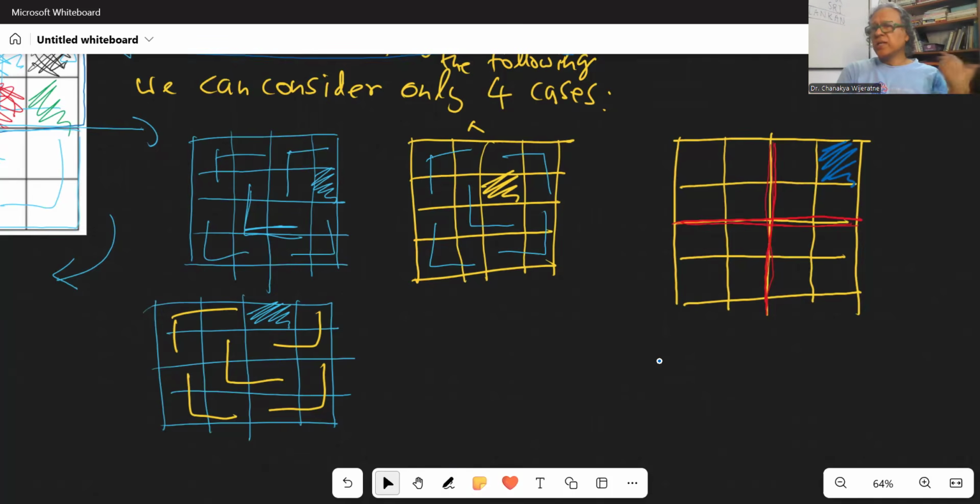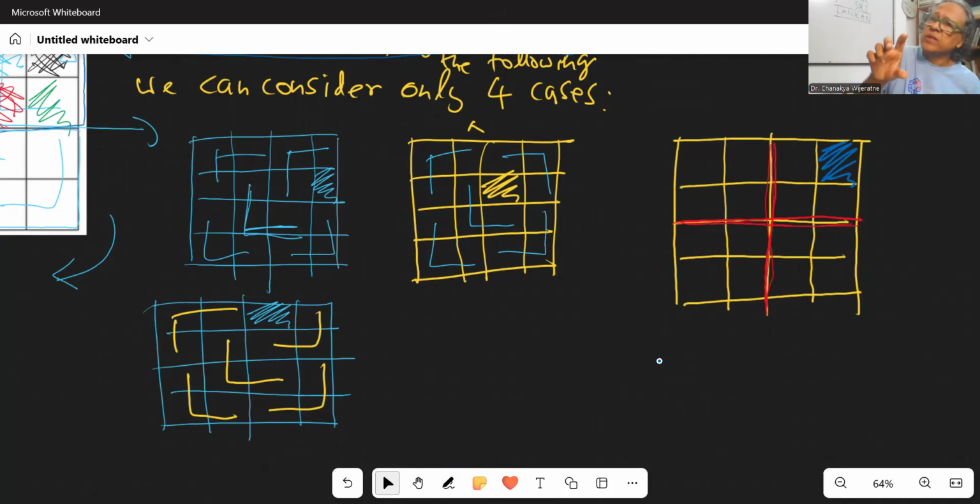And earlier we showed that a 2x2 deficient board can be tiled. Now what I'm going to do is that I have 3 remaining 2x2 boards, which are not deficient, but I'm going to make them deficient by removing a square.